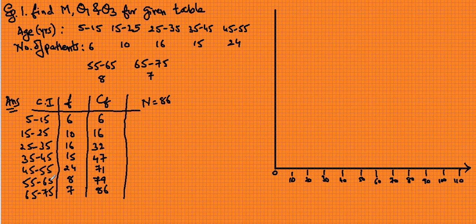Okay, now what are we going to put? We are going to put cumulative frequency on the y-axis. So this is my y-axis and this is my x-axis. Let us put cumulative frequency. We'll take 10 as one unit, 1, 2, 3, up to 10, so here it will be 10, this will be 20, likewise 30, then 40.